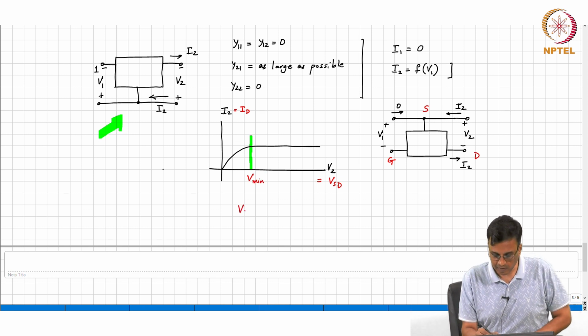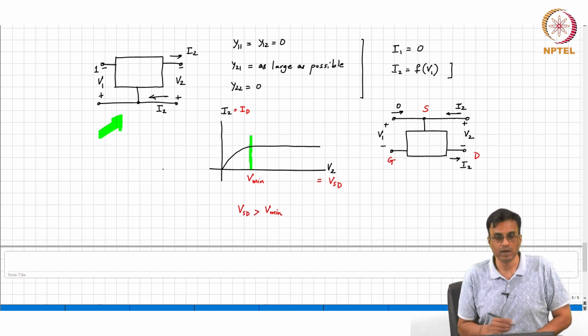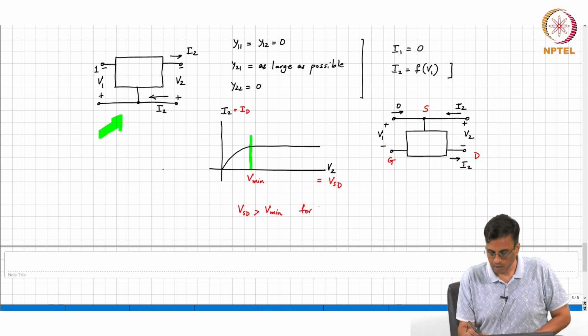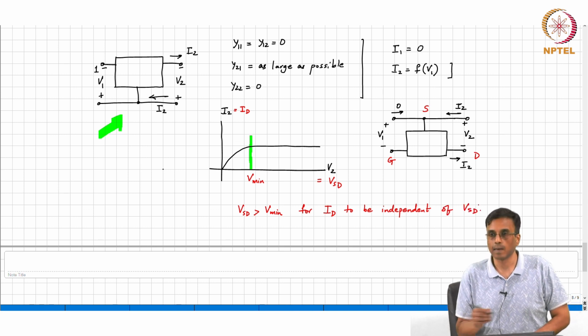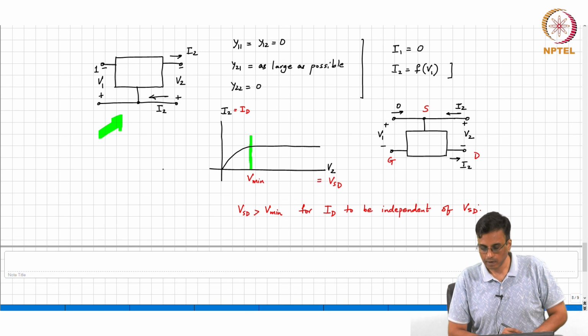So, VSD must be greater than V minimum for ID to be independent of VSD.